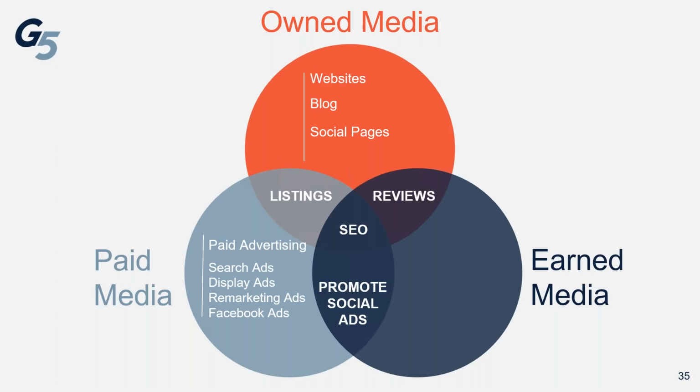Our product, the G5 Intelligent Marketing Cloud, focuses on those touch points, especially on the owned media and paid media. And you can see this listed in there. So we deliver high quality sales leads by providing services such as website services, SEO optimization, listings and reputation management, and also paid advertising and social media ads.